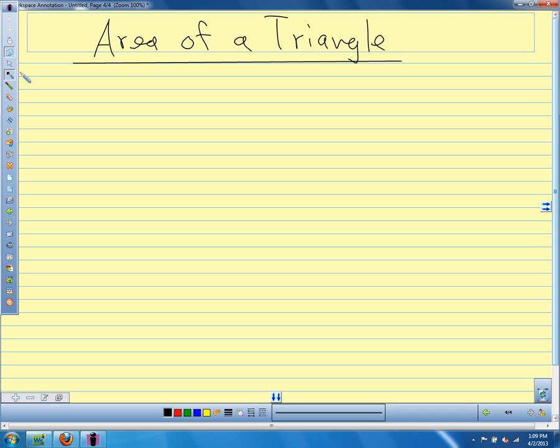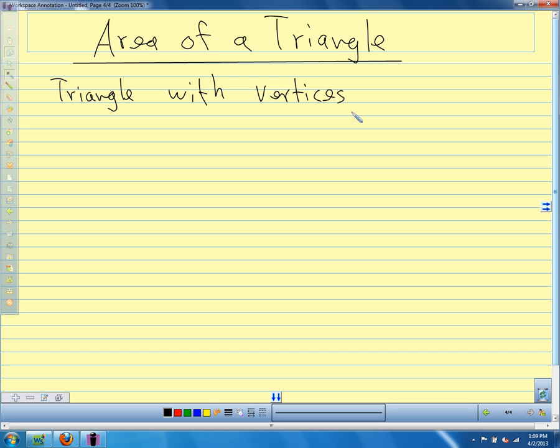All right, so if we have a triangle with vertices, we have three vertices, x1, y1, x2, y2, and x3, y3.